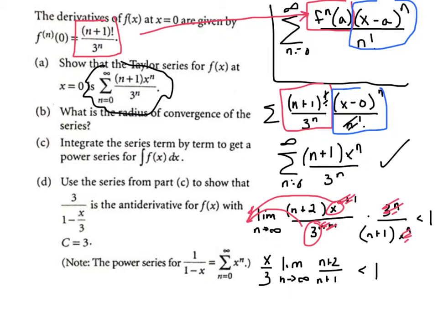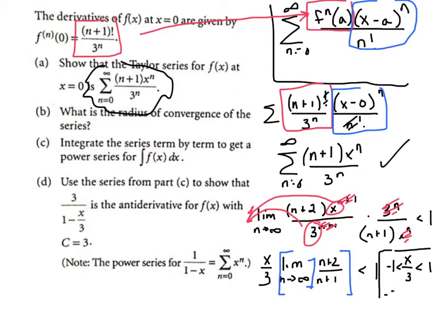We need this to be less than 1. Well, what's inside here is 1, right? The limit is 1. So we end up with x over 3 being between negative 1, let me just kind of block this off here, and 1.